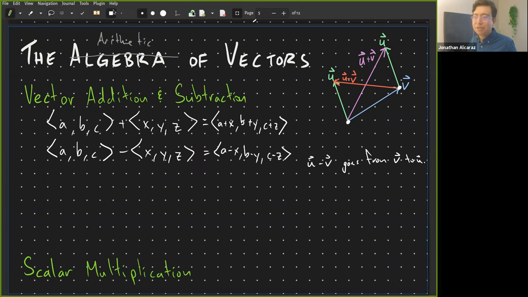So you can take negative v, which I haven't told you what negatives are, but basically what a negative does is it just flips the direction that your vector is going. So negative v would just be the same v here, but going in the opposite direction. So let me try to replicate that here. So it's something like that. It's not the best drawing.